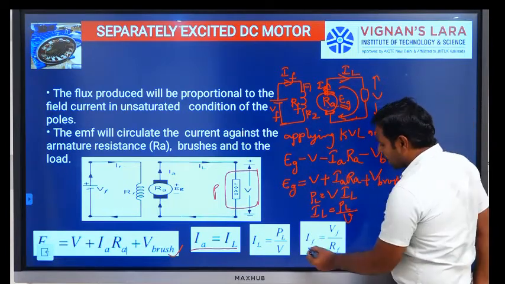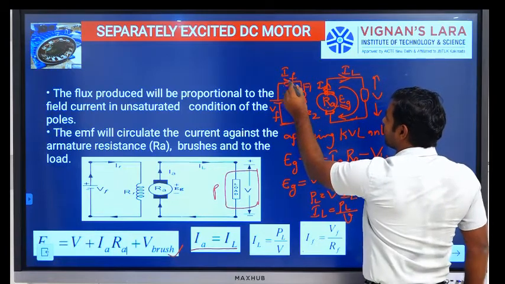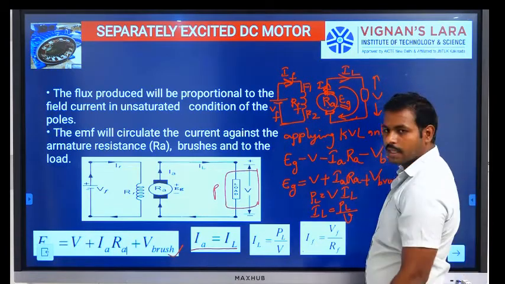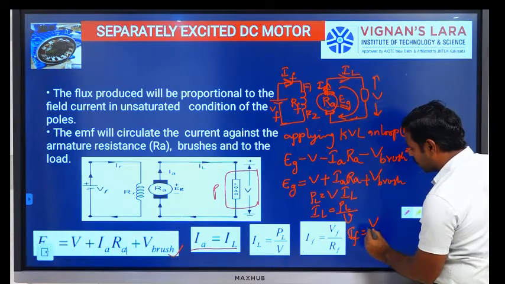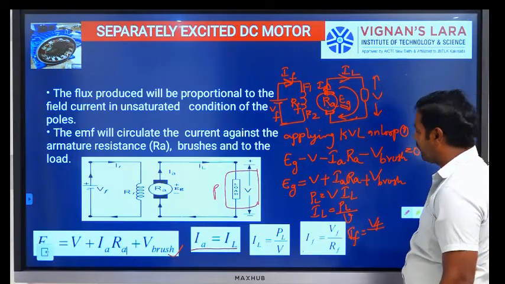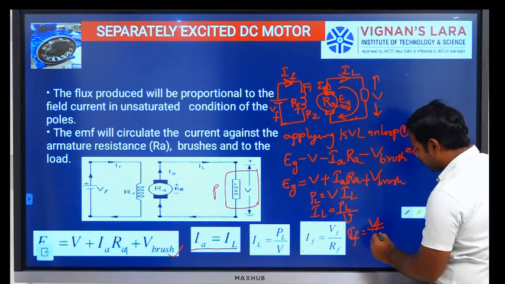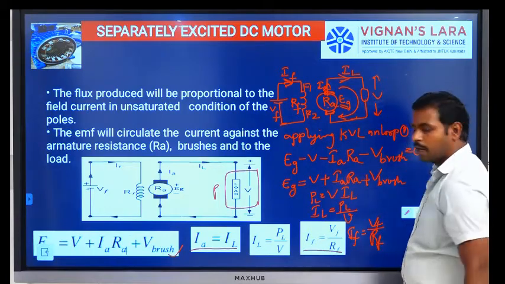So finally, we can find out the current in the field winding. IF is equal to voltage divided by, that means VF, the voltage supplied to the field winding, VF divided by RF.